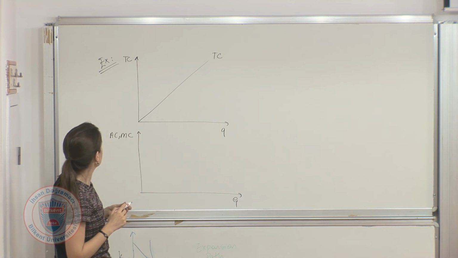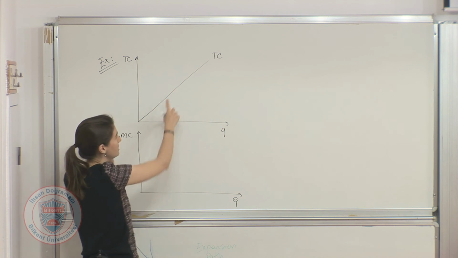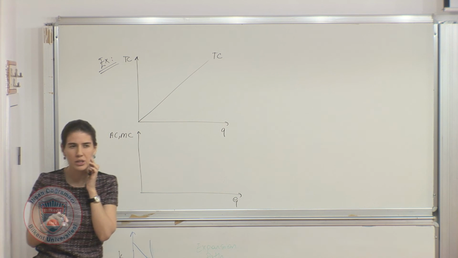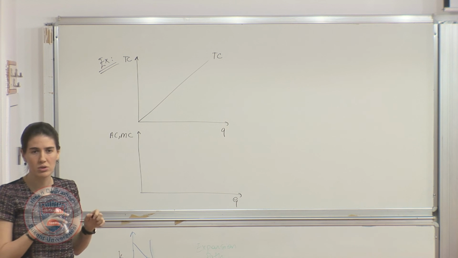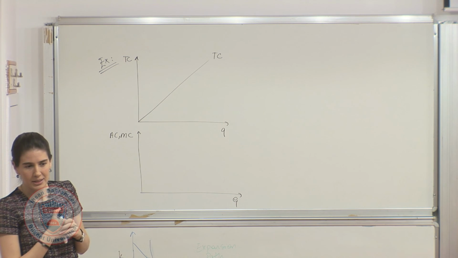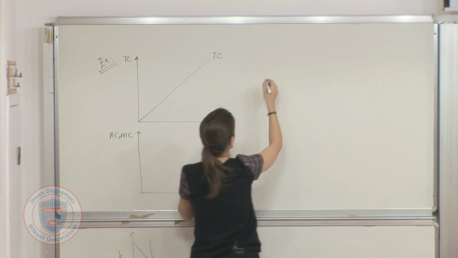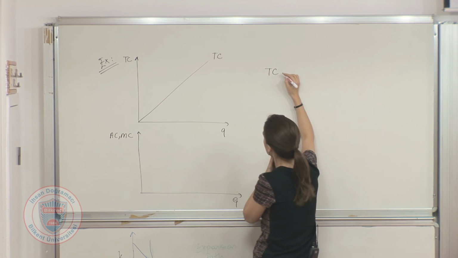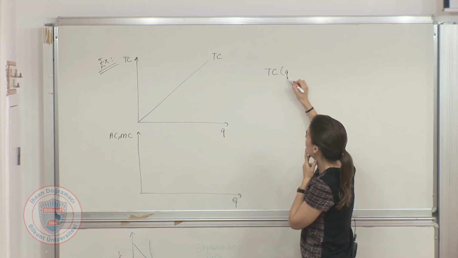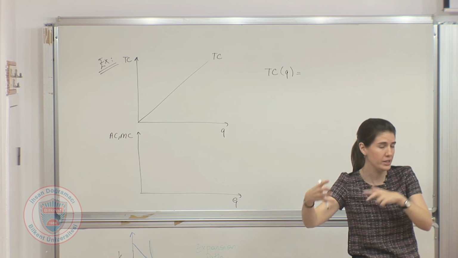If I have a total cost function like this, how can I write it as a function? Total cost is obviously a function of Q. Suppose I was given w and r.